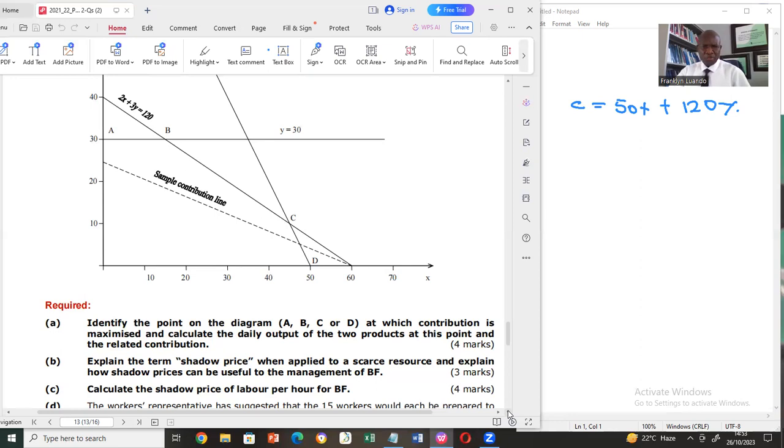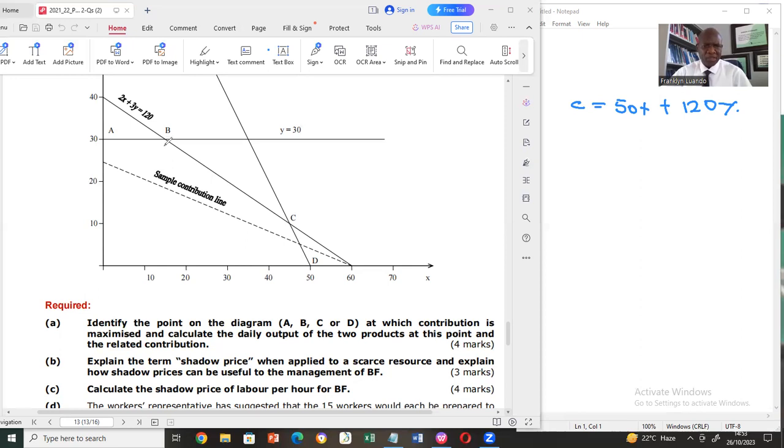When we have the simple contribution line, which we call the ISO line, the optimum point will be found if you move the ISO contribution line furthest from the origin. That is the point where the optimum production will be found. In this case, the one which is furthest from 0 is point B.